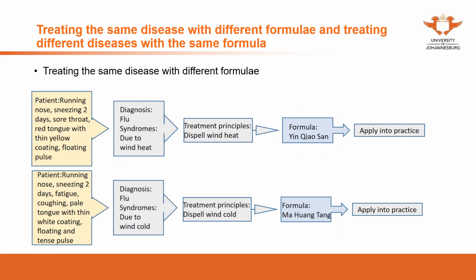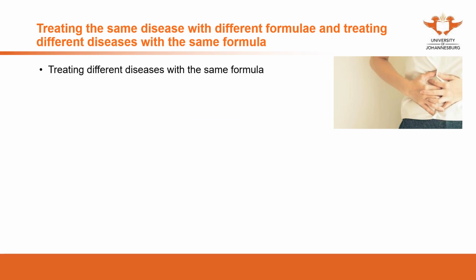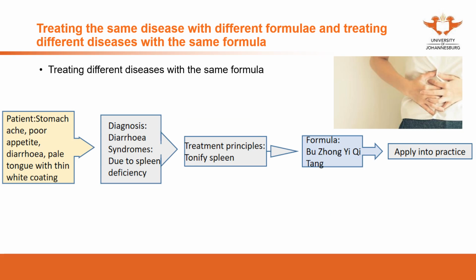In the other situation, treating different diseases with the same formula. A patient suffers from stomachache, poor appetite, diarrhea, pale tongue with thin white coating, and then the diagnosis of this patient is diarrhea due to spleen deficiency.